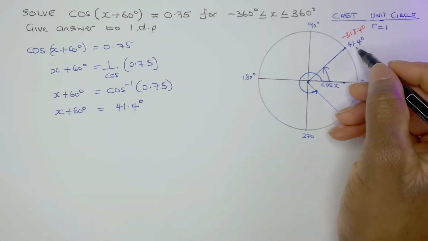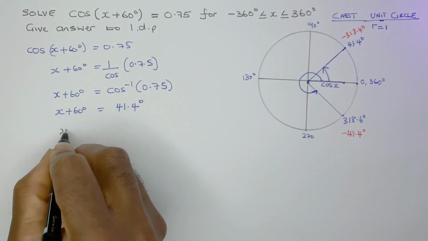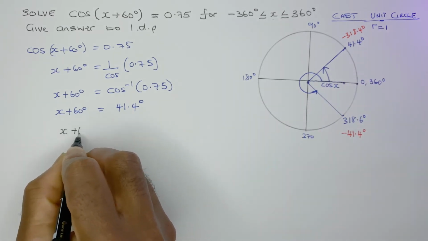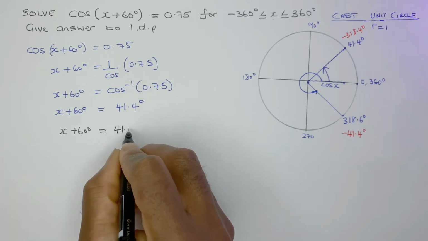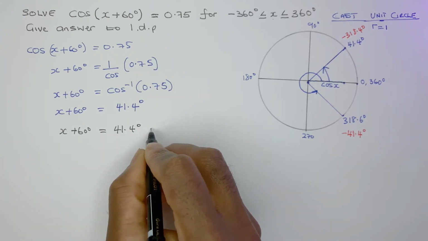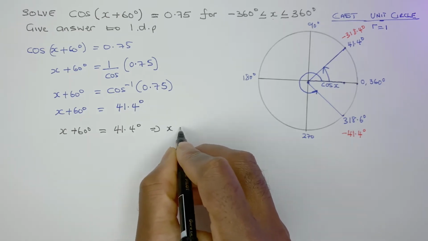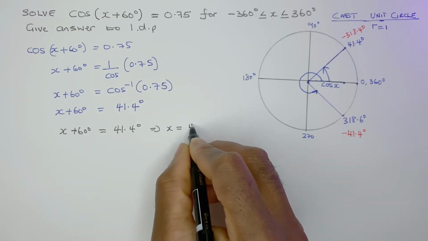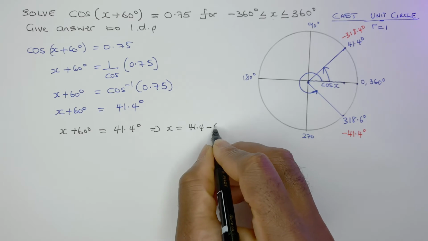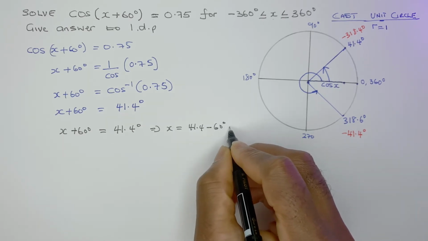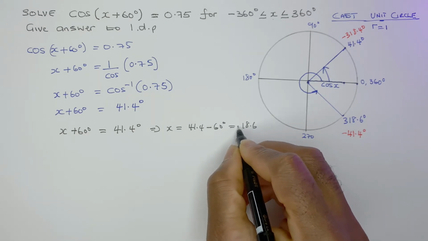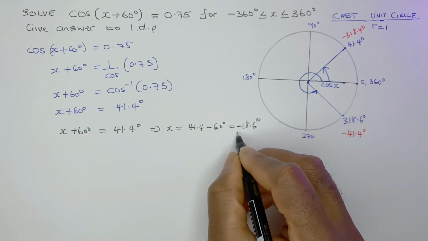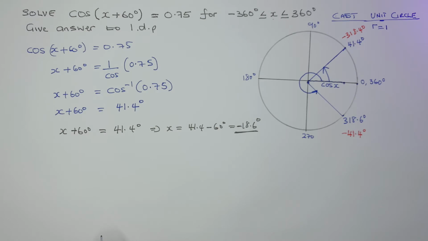For the first one, x + 60 equals 41.4 degrees. Therefore, x will become 41.4 minus 60 degrees, which is minus 18.6 degrees. So that's the first result we need.